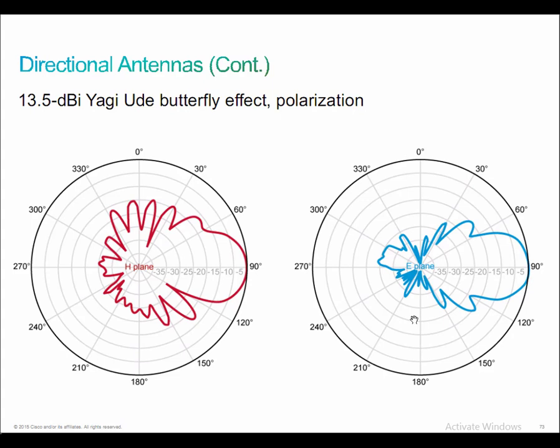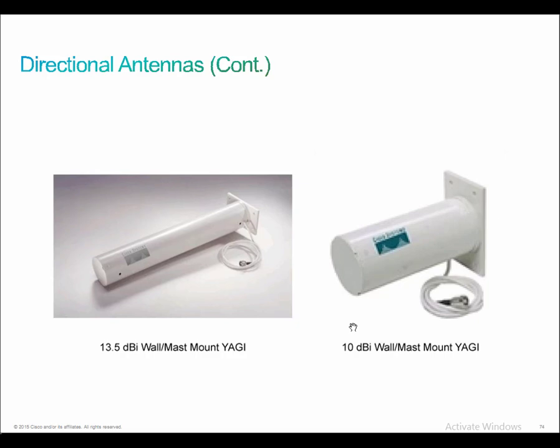It has slight radiation in the back because of the manufacturing process. Most Yagis will have a small radiation field in the back. That's called the butterfly effect. We also get these side lobes, which means you are going to get some coverage there, but the goal here is covering long corridors or long distances. And they have indoor, outdoor, ceiling mount, mast mount variations.